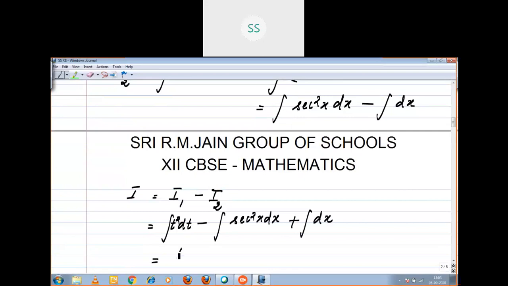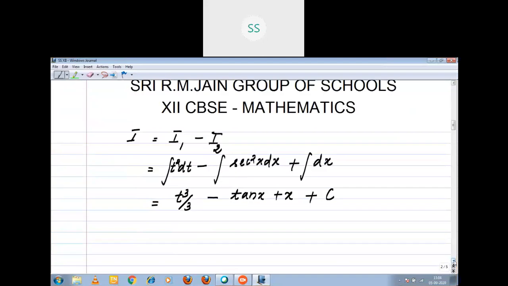Here first one, t cube divided by 3 minus tan x plus x plus c. Totally you added only one arbitrary constant, right? At the end you have to represent the solution in terms of x. So t can be replaced: I is equal to tan cube x divided by 3 minus tan x plus x plus c.